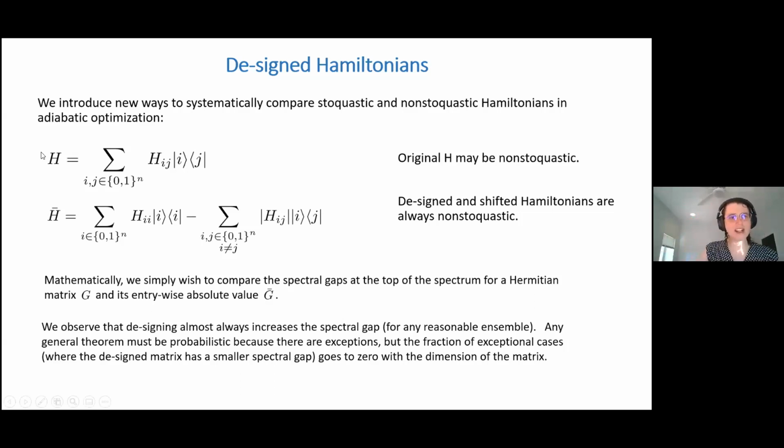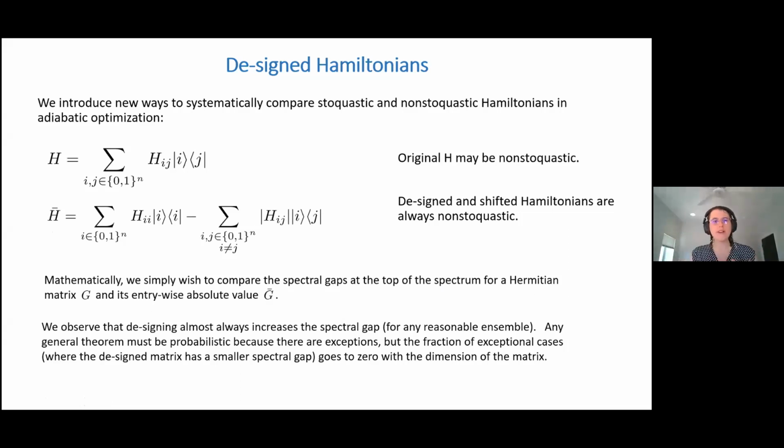And so this question about the spectral gap of H versus H bar, you could also just ask about the spectral gap at the top of the spectrum for a Hermitian matrix G and its entry-wise absolute value G bar. And what we observe is that de-signing almost always increases the spectral gap for any reasonable ensemble of Hamiltonians.